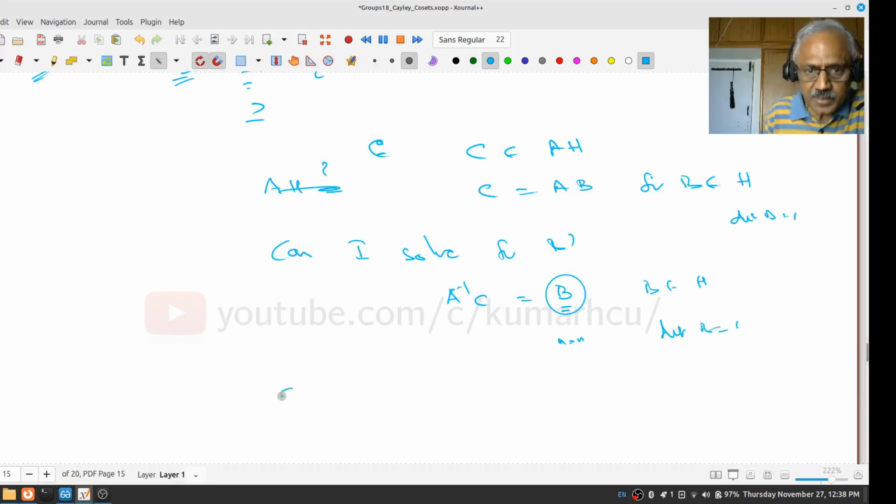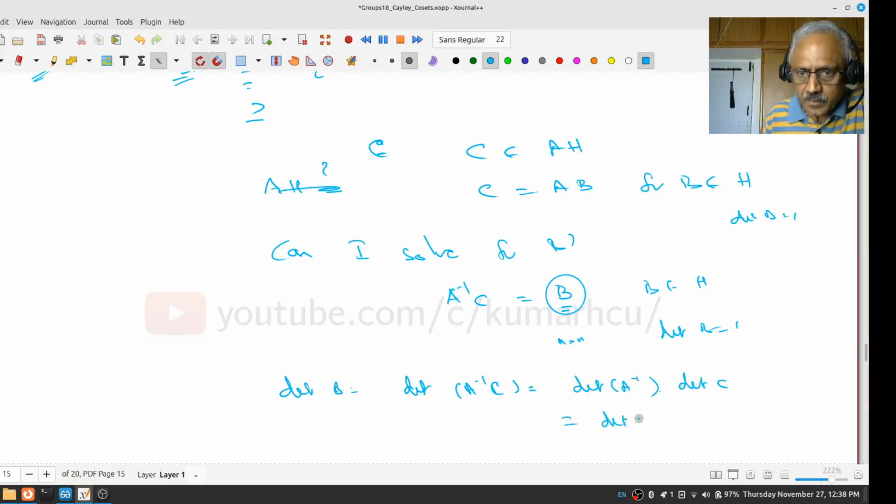But what is determinant of B? That is determinant of A inverse C, which is determinant of A inverse into determinant of C, that is 1 by determinant of A into determinant of C. But remember, determinant of C is determinant of A, therefore it's equal to 1.